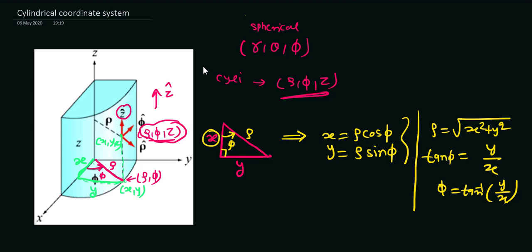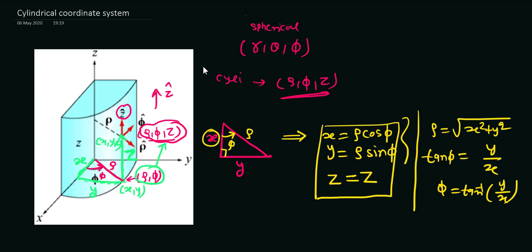Now what is z? In the Cartesian coordinate system, this distance would have been z, and in the cylindrical coordinate system also, if you go from this point to this point, this distance z would be the same. So we can easily write z is equal to z, because it is the same in both coordinate systems. This is the relation we found. This is very easy, you just have to do a little bit of trigonometry.